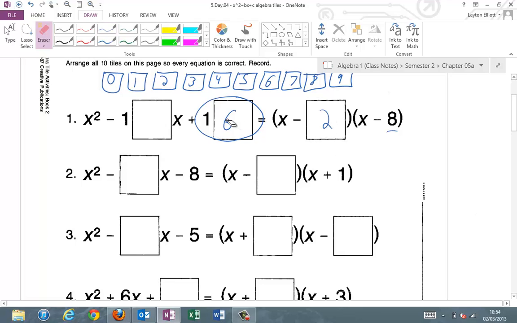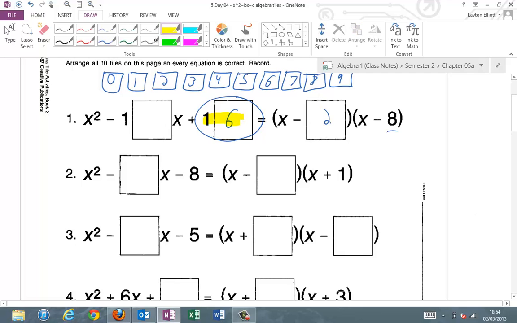Now let's check that that's our only option. If I go 8 times 3, I get 24, and that doesn't work. So it has to be 8 times 2 to give me 16. Remember, this whole number here is actually the number 16. It's a 1 and a 6.